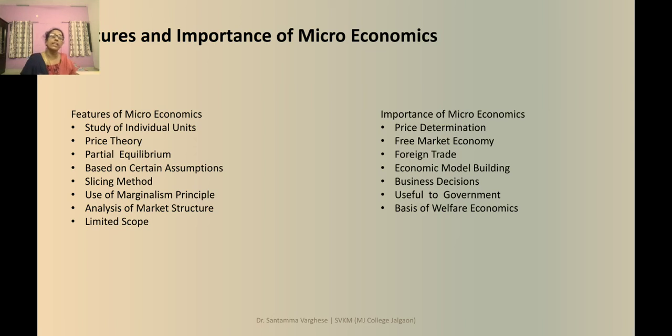So again, when we study the importance of microeconomics, in a free market economy all the decisions are taken by the producer. A free market economy is where the economic decisions regarding the production of goods are made, and the government does not interfere.